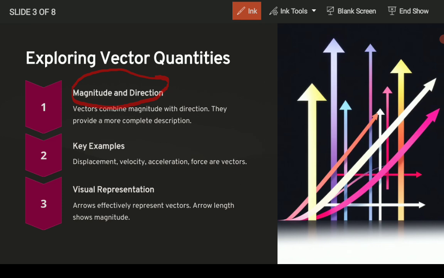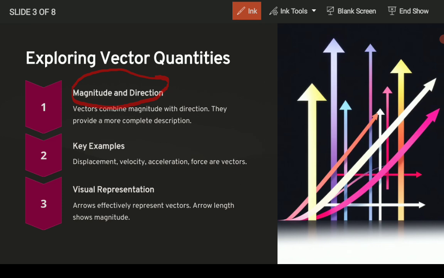Vectors combine both magnitude and direction, so they provide a more complete description. Scalar quantities are only defined in terms of magnitude, their sizes. But vector quantities, apart from having magnitude, also have direction associated with them.